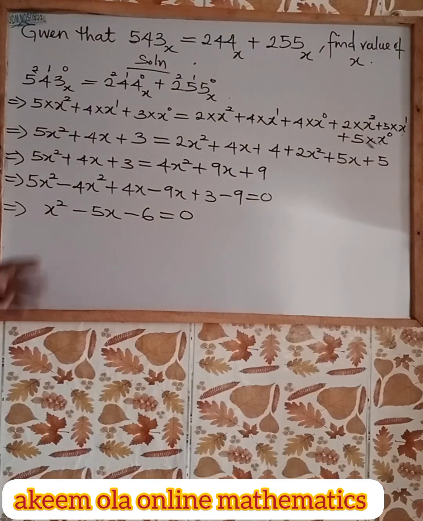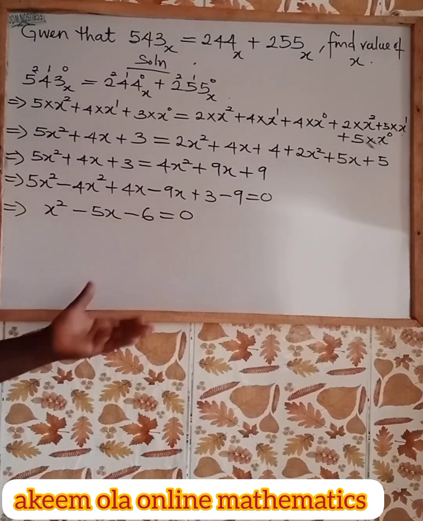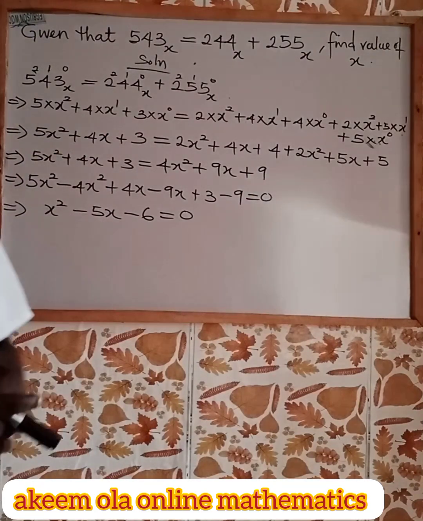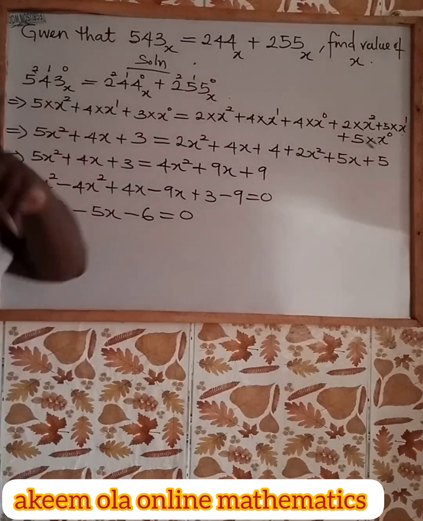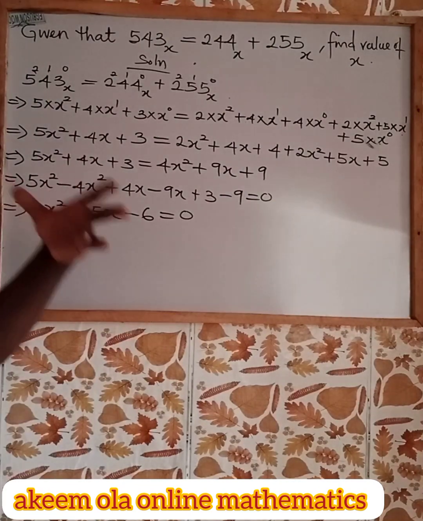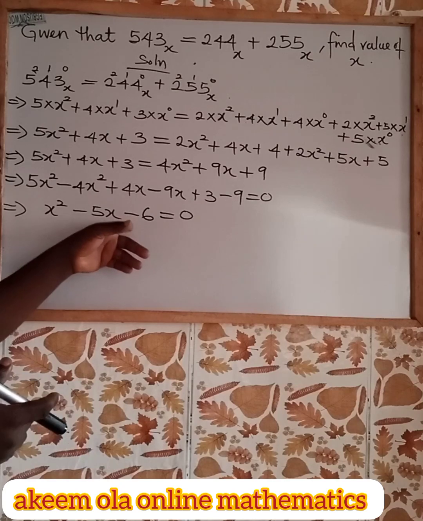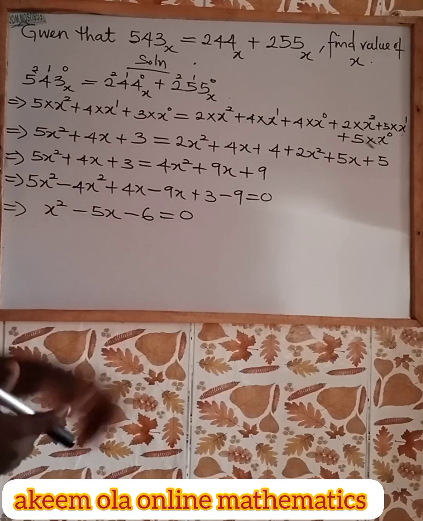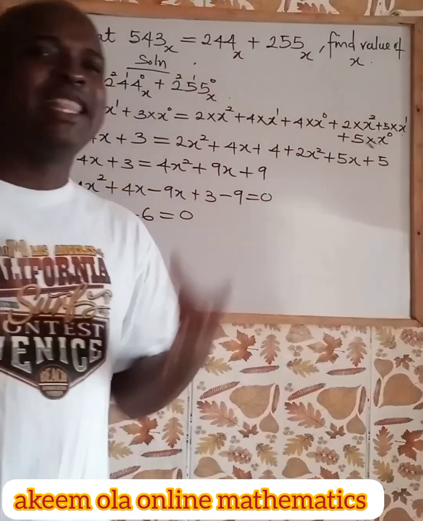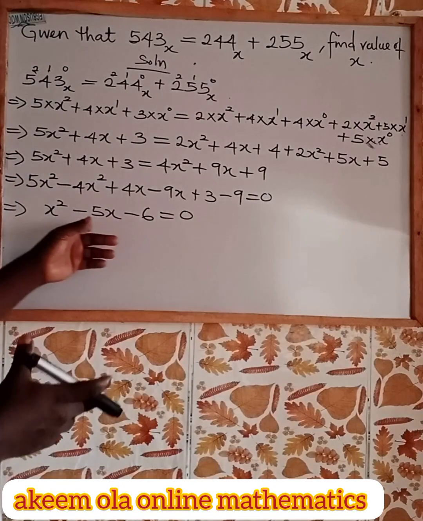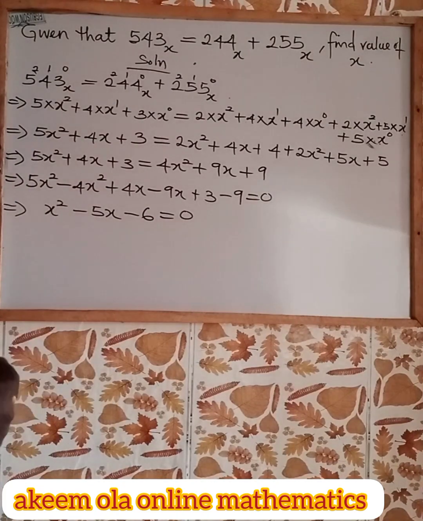We now have a quadratic equation which we need to factorize. So we are going to look for two numbers that when multiplied together will give you minus 6, and when added together will give you minus 5. Which numbers are we going to talk about?